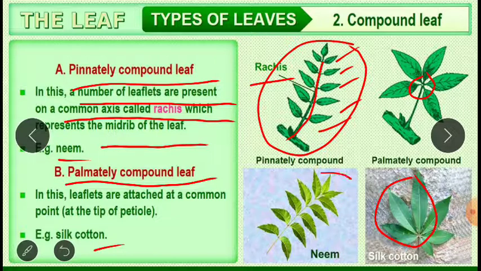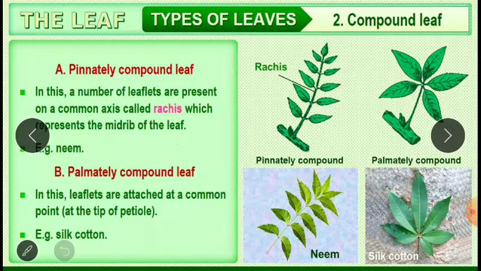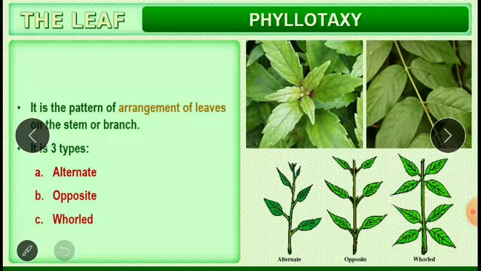So pinnately compound and palmately compound leaf. The leaves are going to be of two types, simple leaves and compound leaves. Compound leaves are again divided into pinnately compound leaf and palmately compound leaf. Now, next coming to the important term, that is phyllotaxy. What is phyllotaxy?